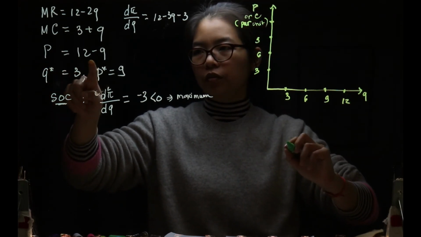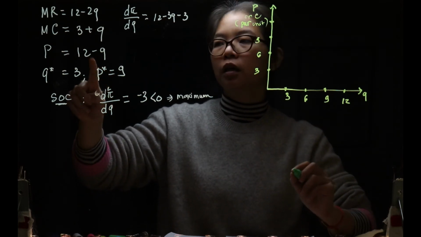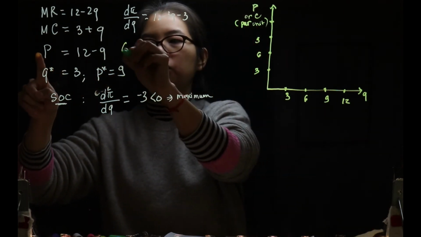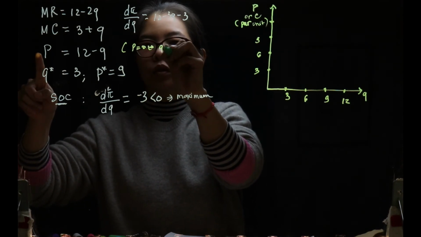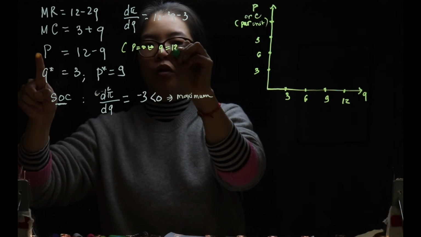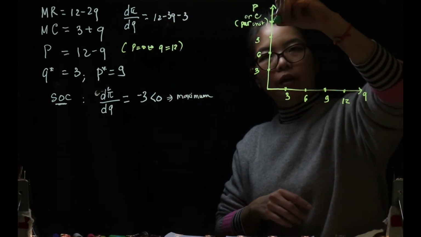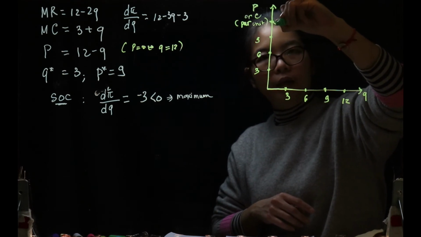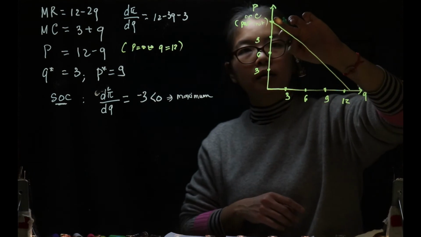The intercept is 12. The slope is -1. That means if you set P equal to 0, then Q equals also 12. That is here, right? Let's hope that is.